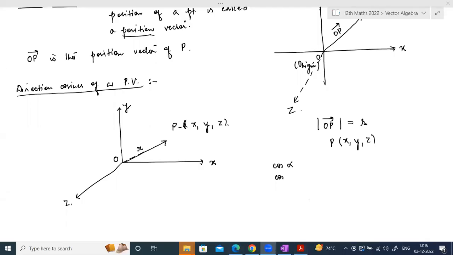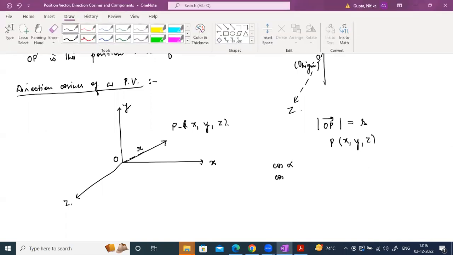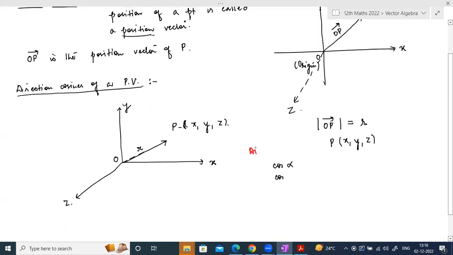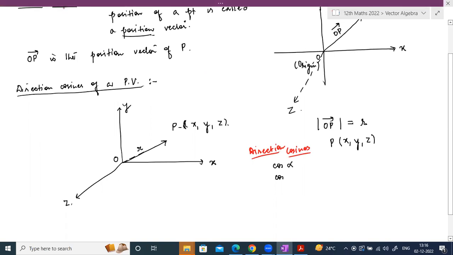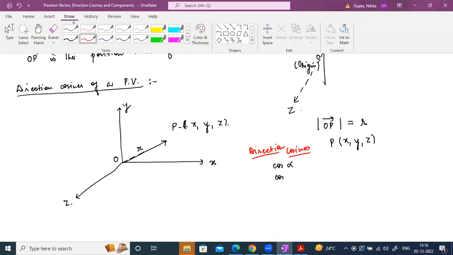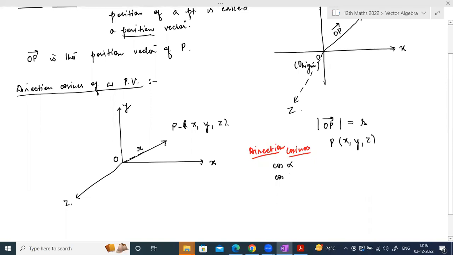So I was telling you what are direction cosines. Direction cosines are nothing but the cosines of the angles which this line OP is making with the x, y, and z axis respectively.